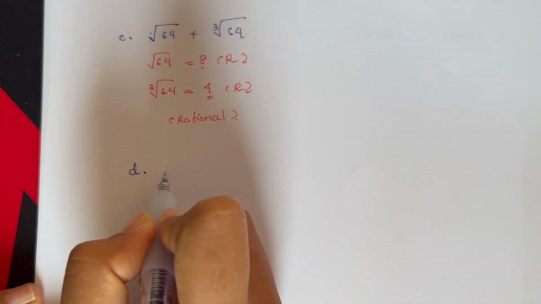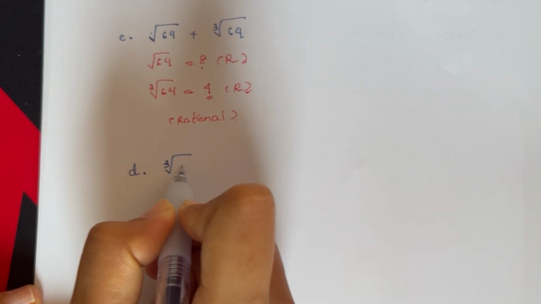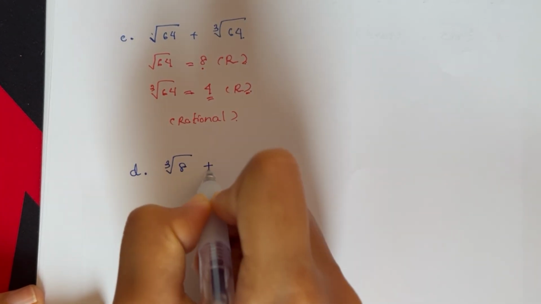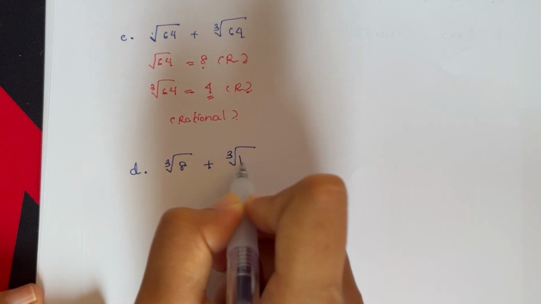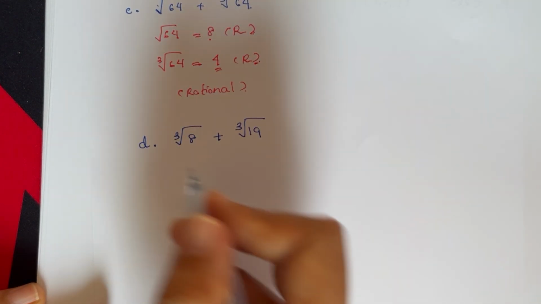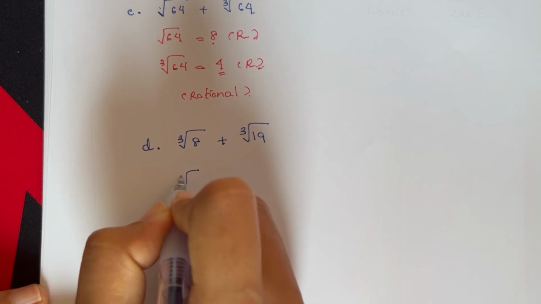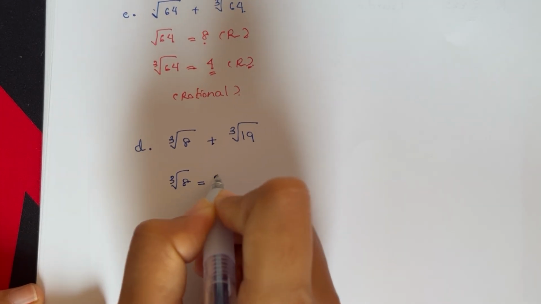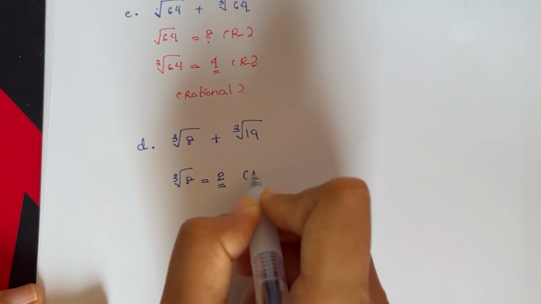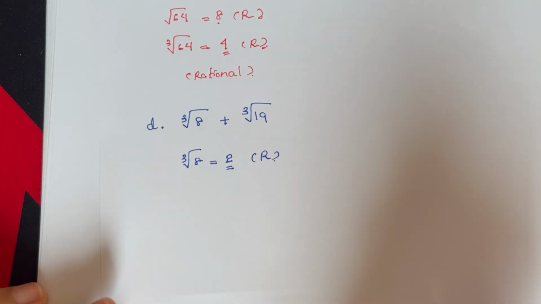D, cube root of 8 plus cube root of 19. So let's see that cube root of 8 is equal to 2. 2 is a whole number and this is a rational number.